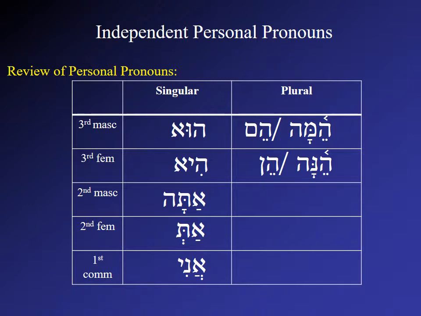As I mentioned in class, one way to remember this is hem, mem for masculine, hen, nun for not masculine. The second masculine plural is atem, and the second feminine plural is aten. Again, mem for masculine, nun for not masculine. Finally, first common plural, we, is anachnu.